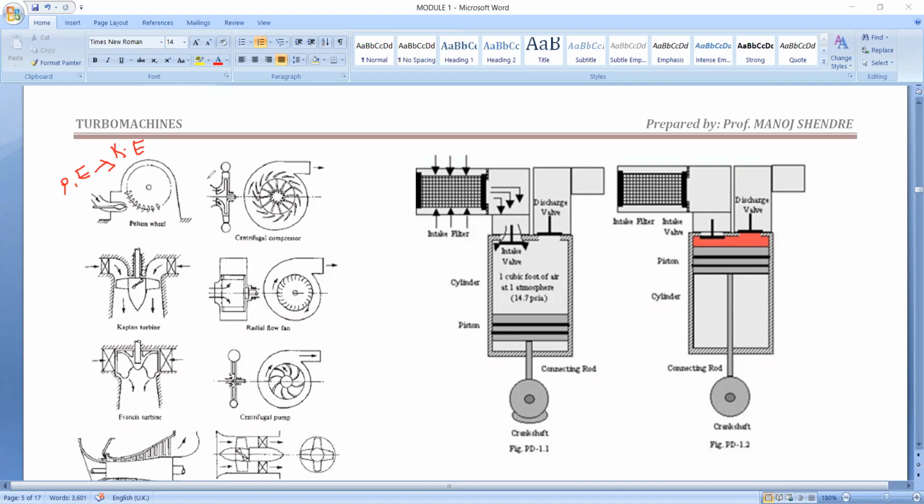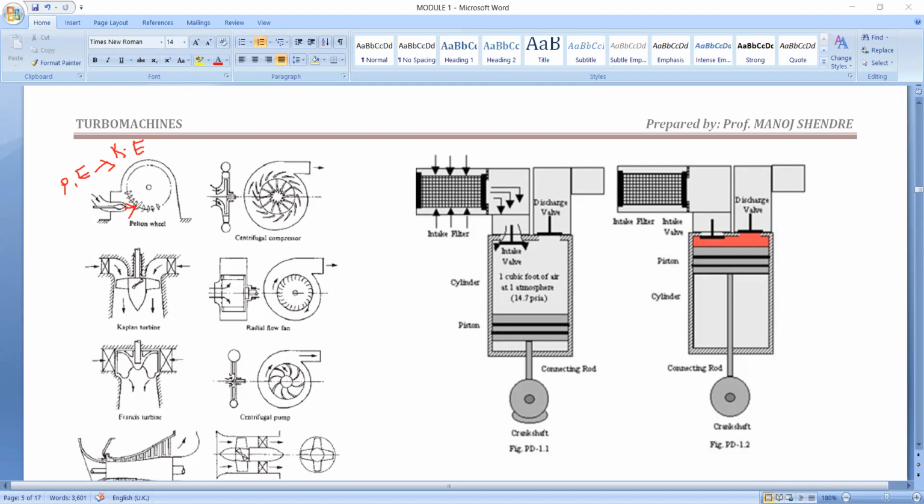In case of impulse type turbo machines, the complete pressure energy of the fluid is converted into kinetic energy at the inlet. So whatever energy the fluid experiences is kinetic energy, a high velocity jet. The fluid will not experience any pressure energy or potential energy.